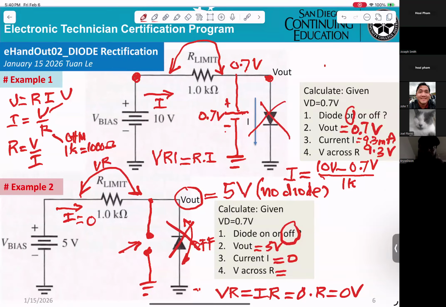That's why VR equals 0. Okay? Any question regarding example 1 or 2?